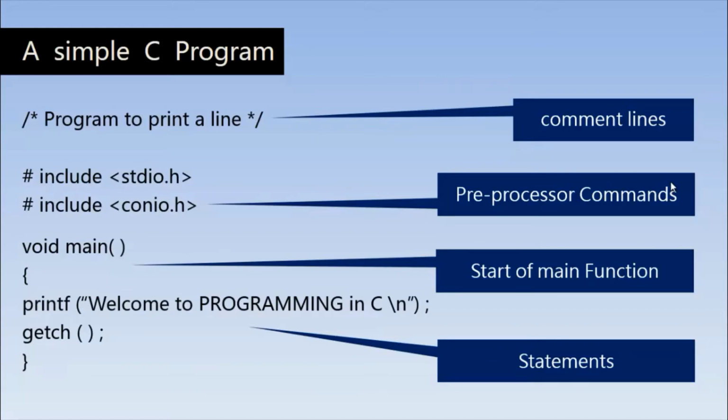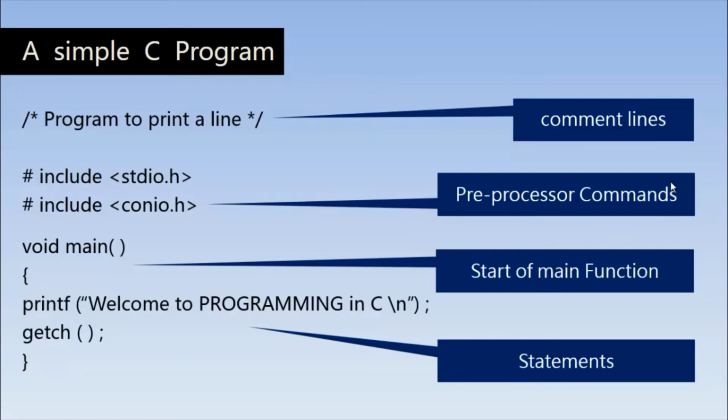And another one is getch with an empty pair of parentheses. getch is also a function that is going to bring up the console window and hold the console window until you type a character to get out of the output screen. So these are just two statements. This is a very simple basic C program that is going to print a single statement on the screen.